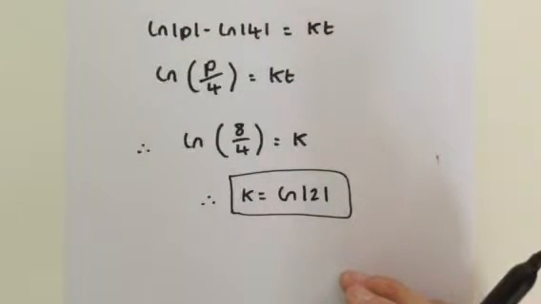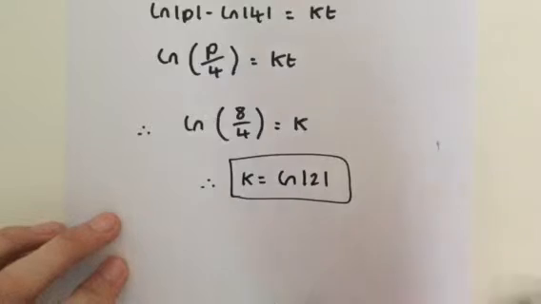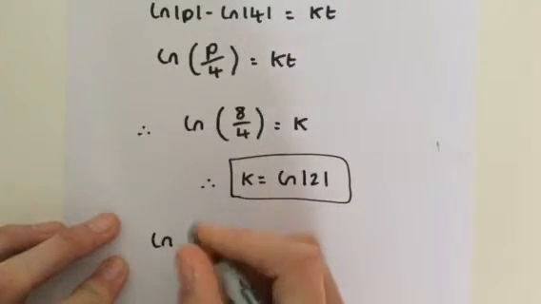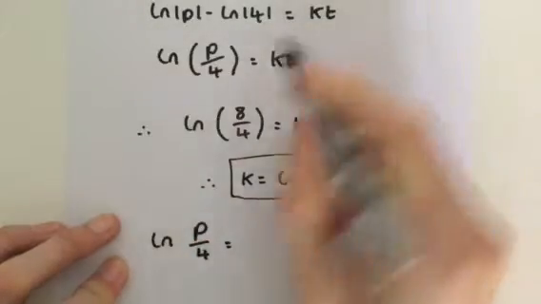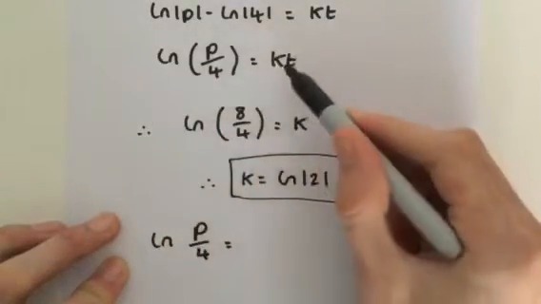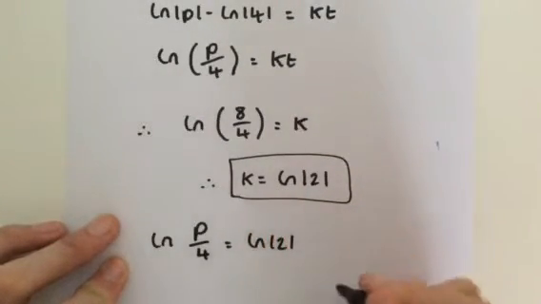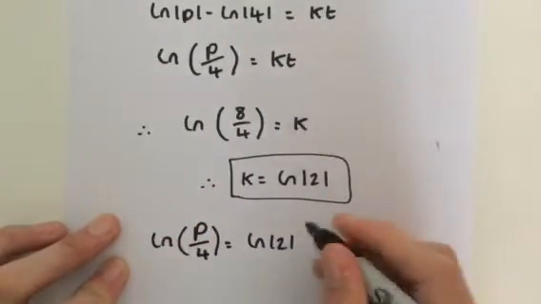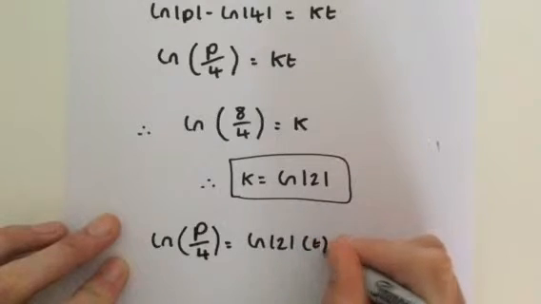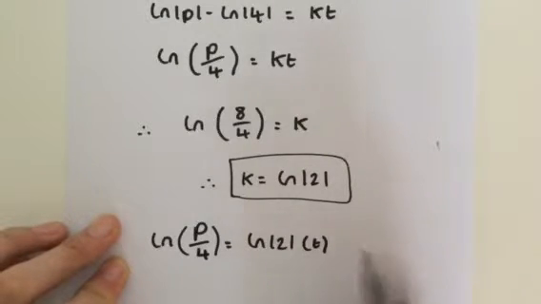So we've got our constant and we've got our constant of integration. We have the natural log of P divided by 4 is equal to, using this top equation, k, and k is the natural log of 2, and we multiply that by t. Now, another logarithmic rule.